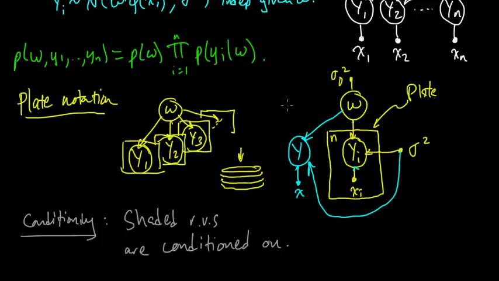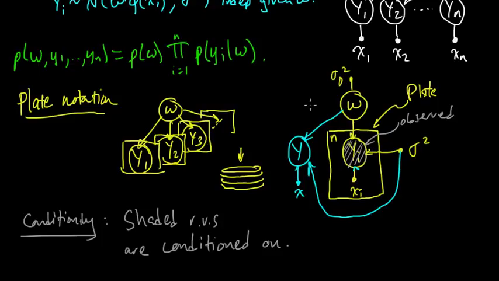So when we want to say that the conditional distribution respects a certain graph, we indicate that the random variables are conditioned by shading them. So here we would shade each of the yi's, and those are the observed random variables.